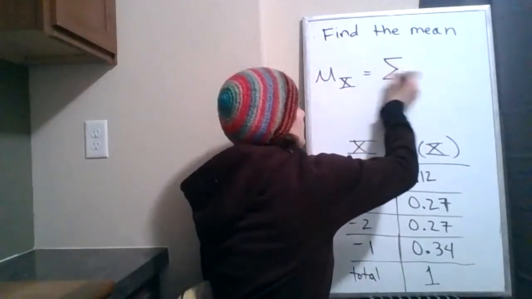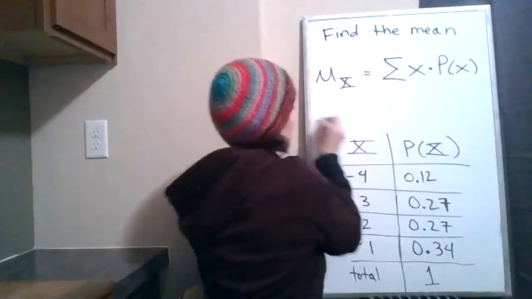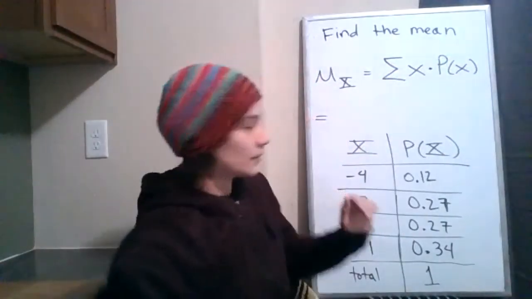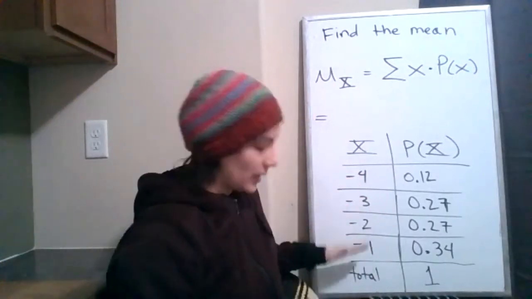Sum of x times p of x. Put in -4, and then -3, and -2, and -1.